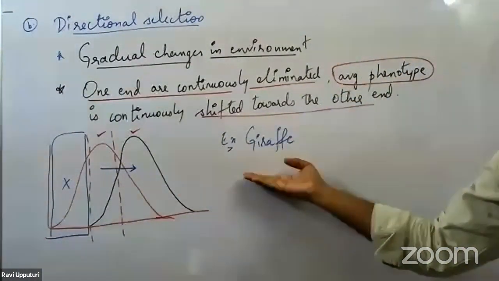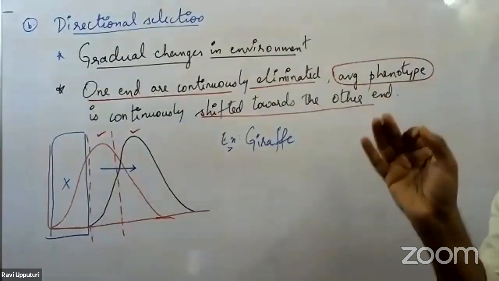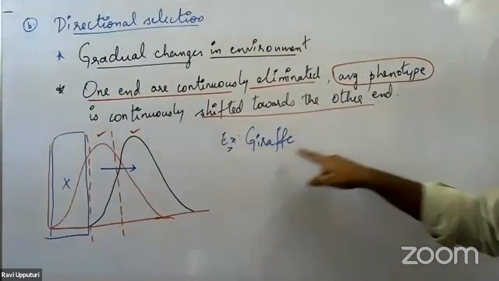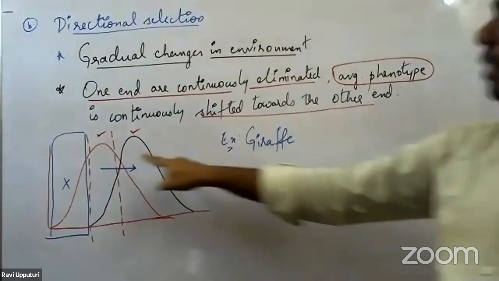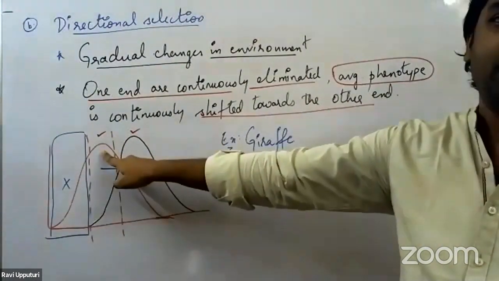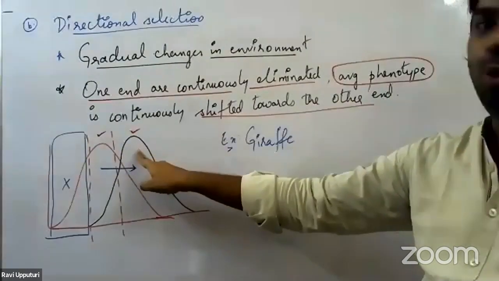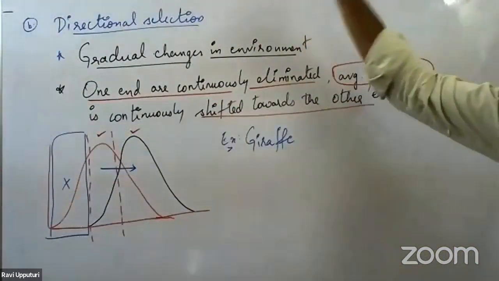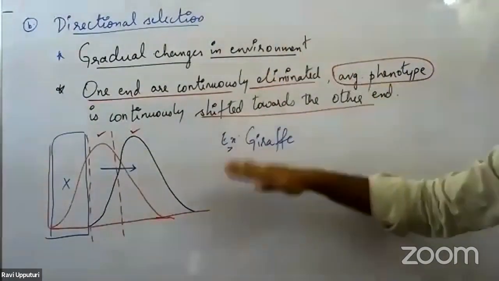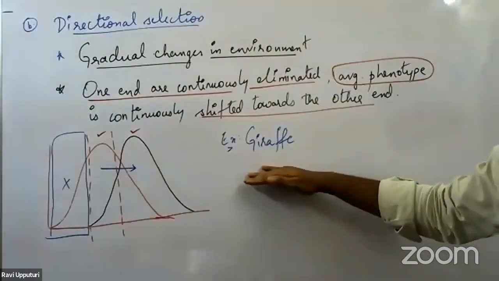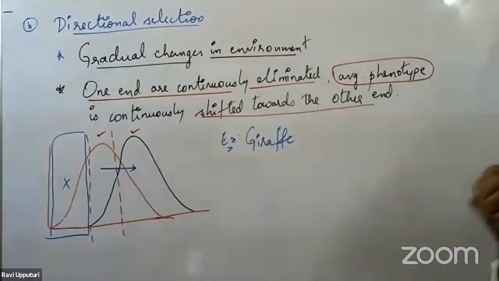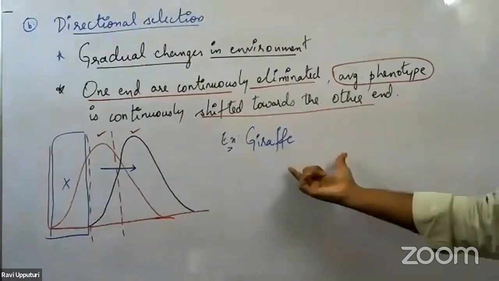Talking about the giraffe, the average neck length was normal, and it got shifted towards a longer neck. So the best example for directional selection is the giraffe, where the average neck length shifted towards a longer neck.